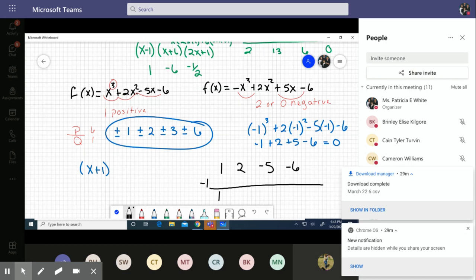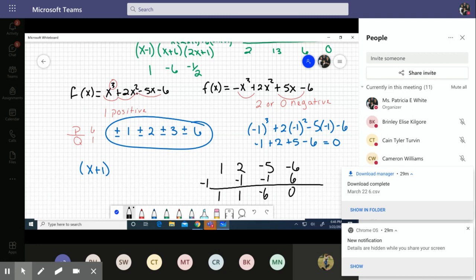Drop the 1, right? 1 times negative 1 gives me another 1. 1 times negative 1 gives me a negative 6. Negative 6 times negative 1 gives me a positive 6. So there's my 0. All right, I've got x plus 1.